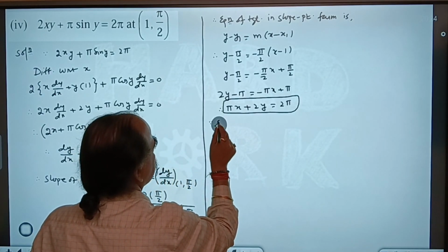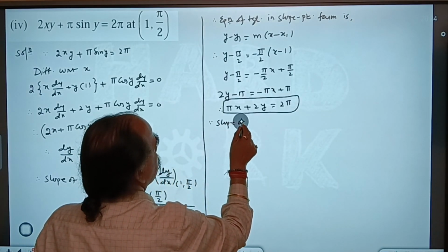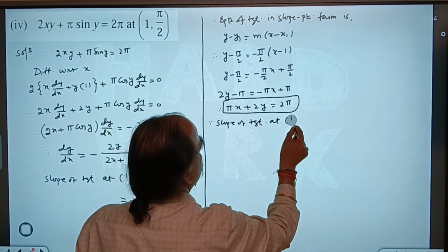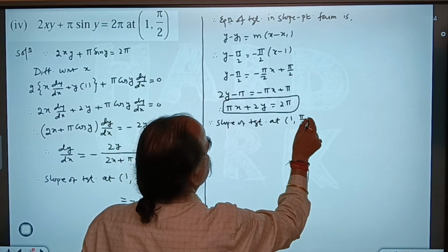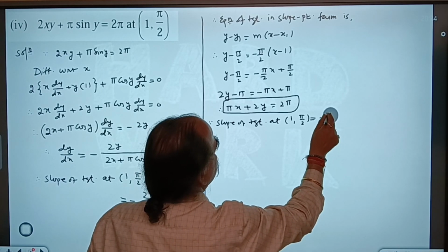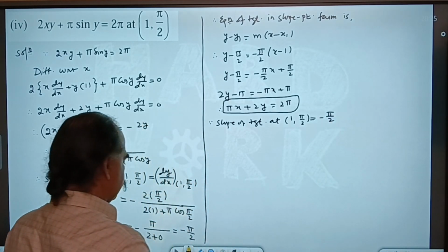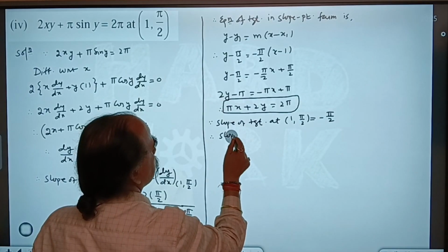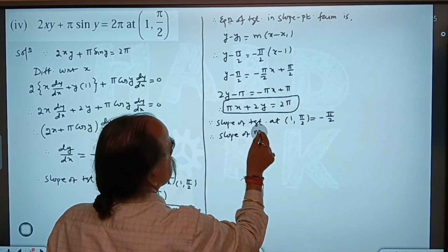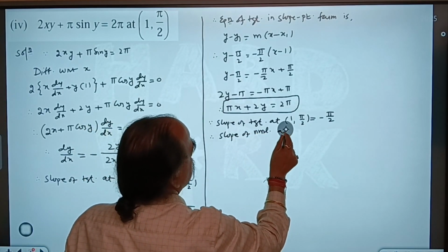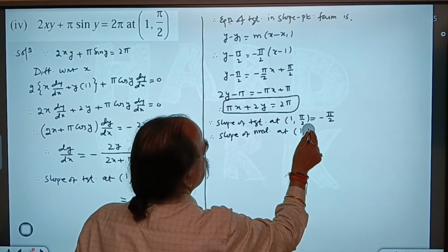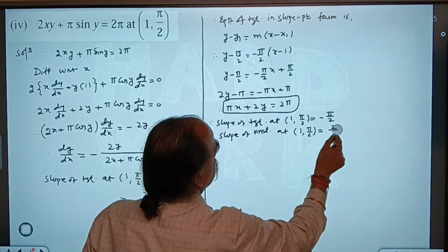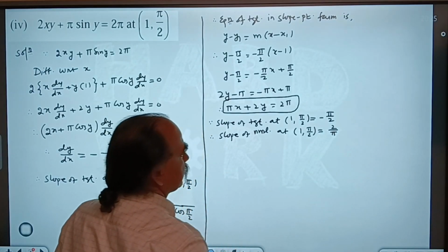Since slope of tangent at (1, pi by 2) is equal to minus pi by 2. Therefore, slope of normal at (1, pi by 2) is 2 upon pi.